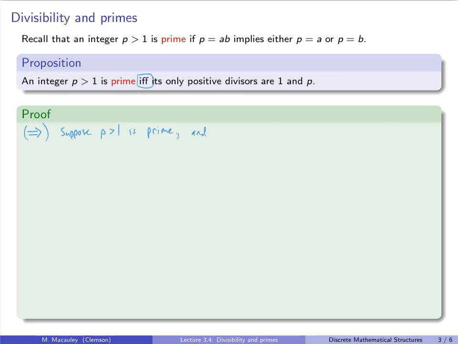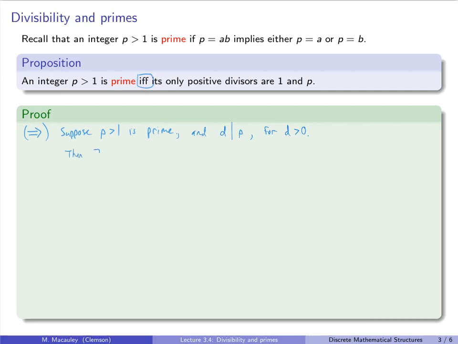And d is a positive divisor, so d divides p for some positive d. So let's just follow our nose and write down the definition for what that means.